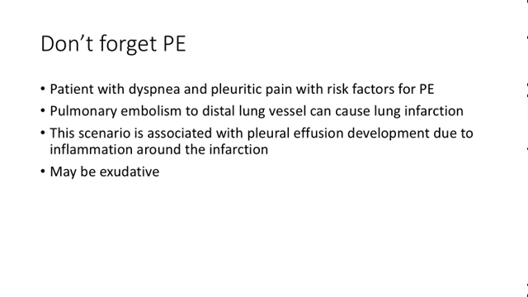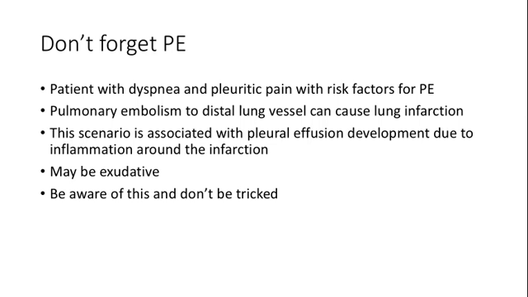You also need to be aware that it can be exudative. So this is a great opportunity for them to trick you and throw this in to mess you up. If it seems like someone has a pulmonary embolism, but you're reading the question and they have a pleural effusion, don't be fooled. You can have both. You can have a pulmonary embolism that causes a pleural effusion.